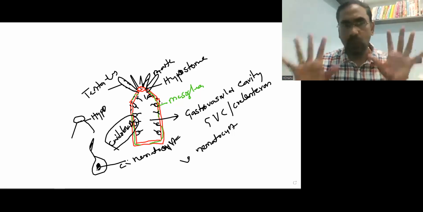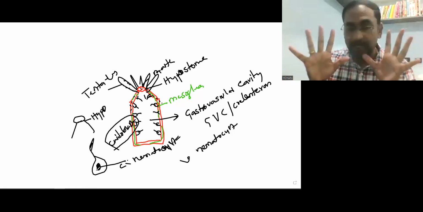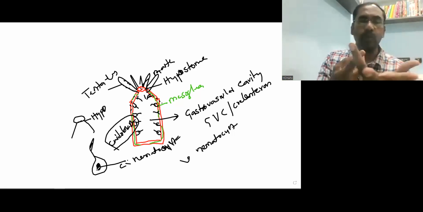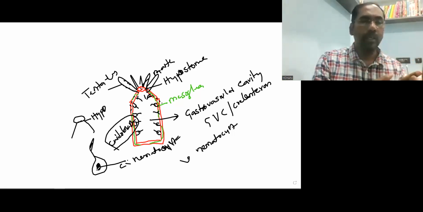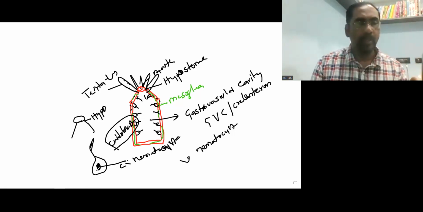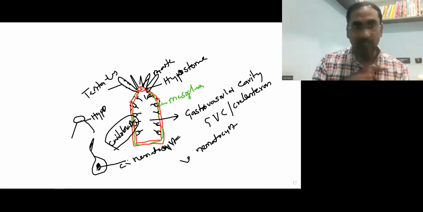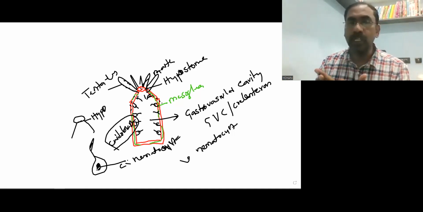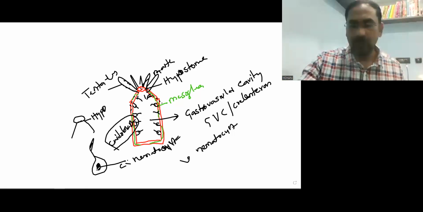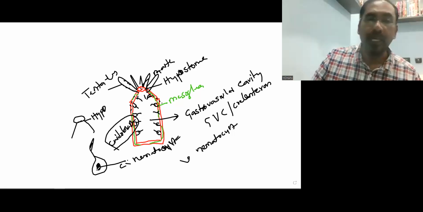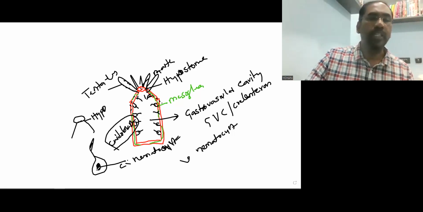So, what are the functions of cnidoblast cells? Look at the textbook. Number 1, food capture. Number 2, defense. Number 3, anchoring. What is meant by anchoring? Attachment. Anchoring means attaching to the substratum or any obstacle.